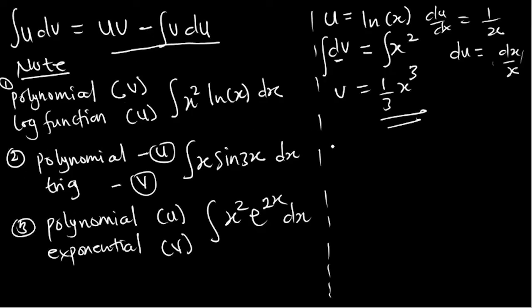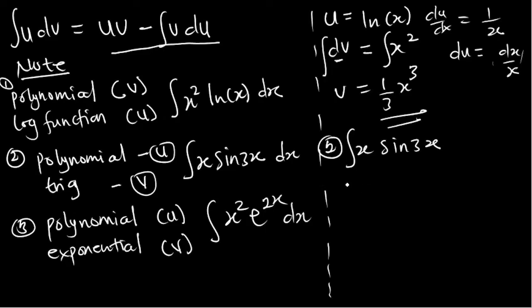Let's go to the second example, just to obtain all the components of the formula, that's the u, v, du. We'll have our example, integral of x sine 3x. We say the polynomial part will be u, then the trigonometric part will be v.